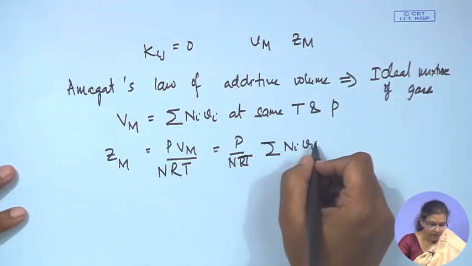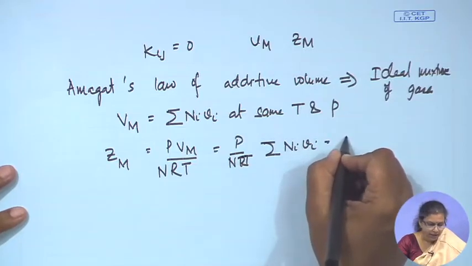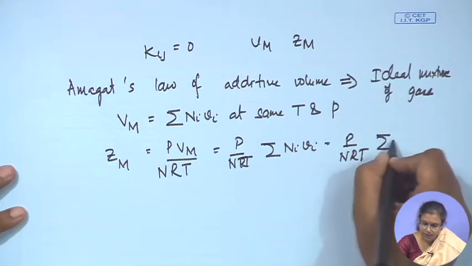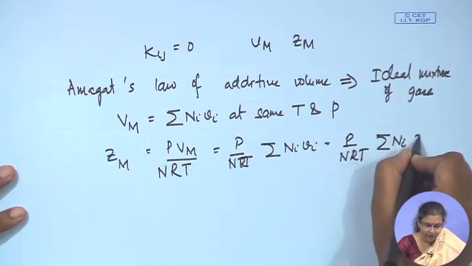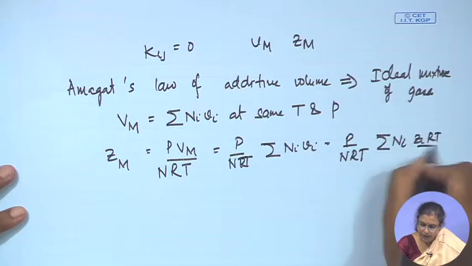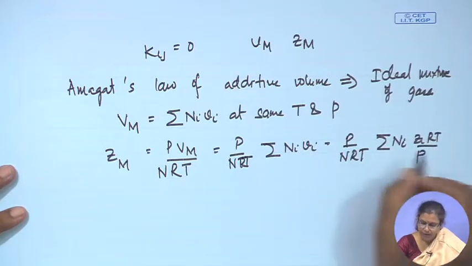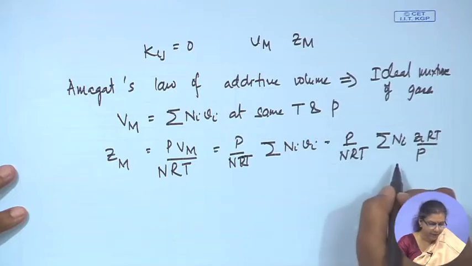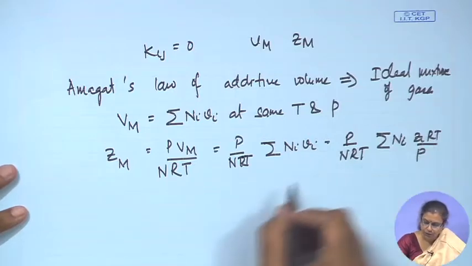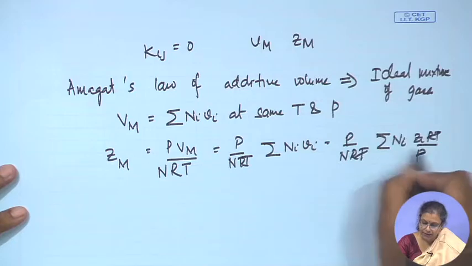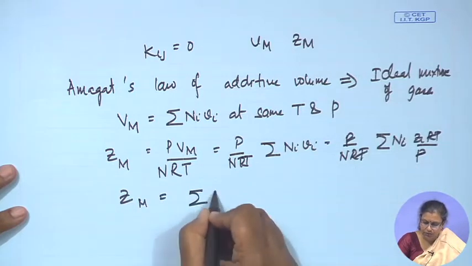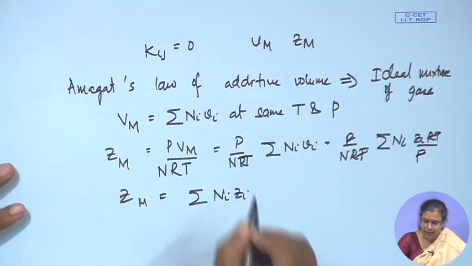Or in other words, this can also be written down as P by N R T sigma N I Z I R T by P. I have replaced each particular V I with Z I R T by P. So, therefore, from here what do I get? I get Z m is nothing but equal to sigma N I Z I.